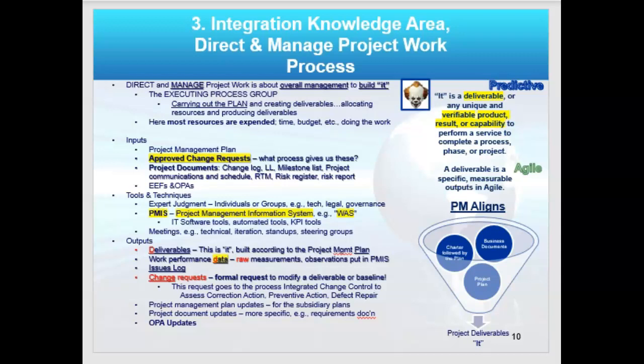I am collecting change requests, etc. Now notice on the right-hand side that if it's a predictive project, it that you're building is a deliverable. And by definition, that's a verifiable product, result, or capability. In Agile, a deliverable is known as specific and measurable outputs, which you do in short sprints.